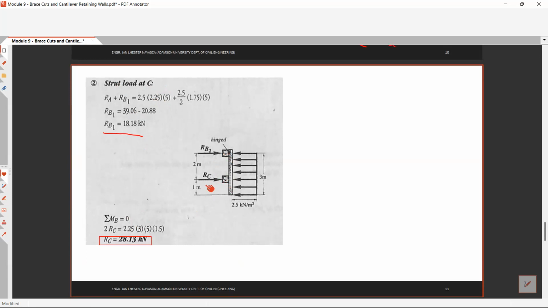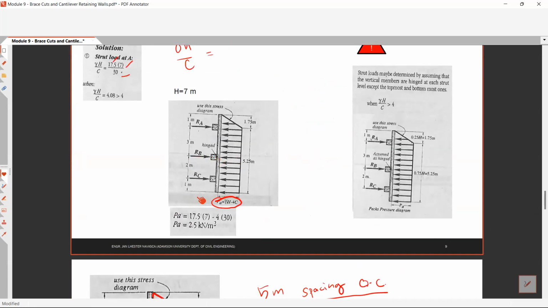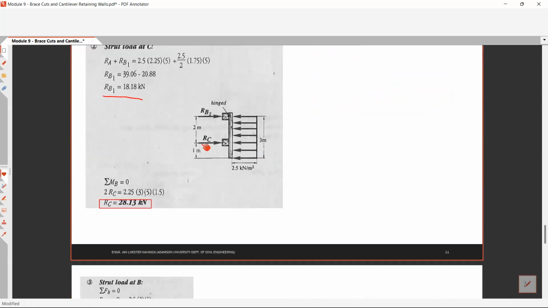The distance of RC to RB for the strut load at B is 2 meters. So 2 times RC is equal to 2.5 times the remaining distance, which is 3 meters, the sum of 2 and 1.